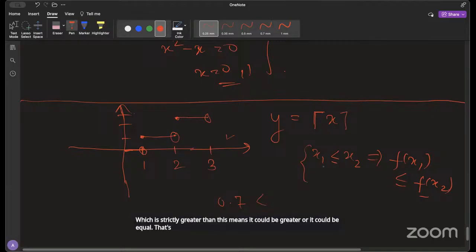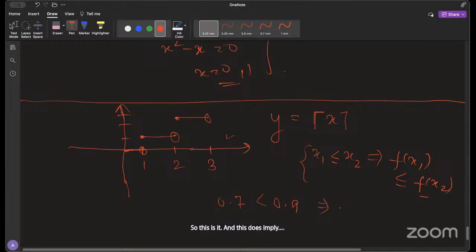That's what this sign means, right? And this does imply both of them will give 0. 0 and 0 is equal to 0. So it's satisfying this condition. What's the issue? Okay, ma'am. Thank you so much, ma'am.